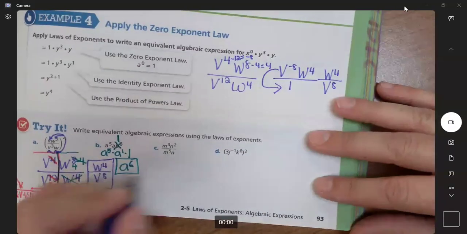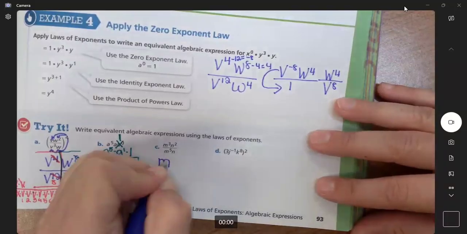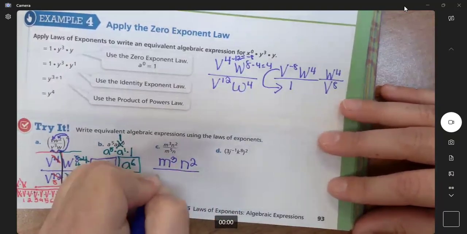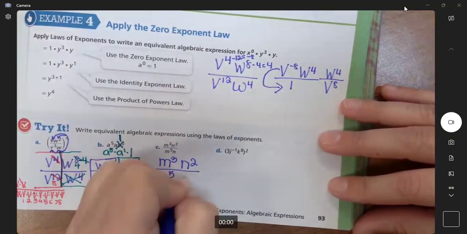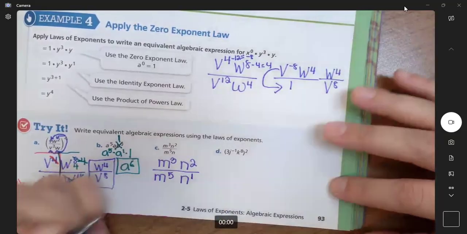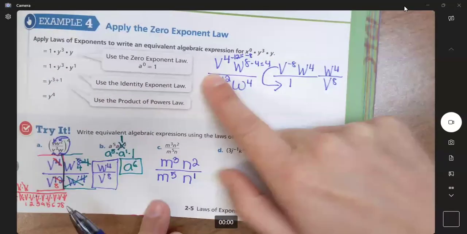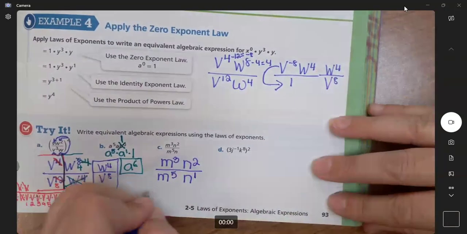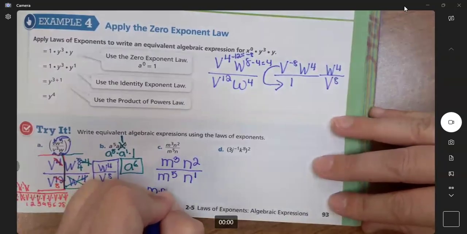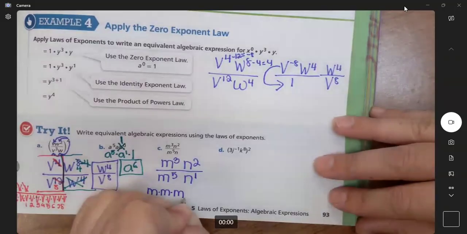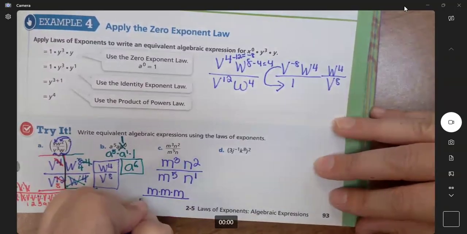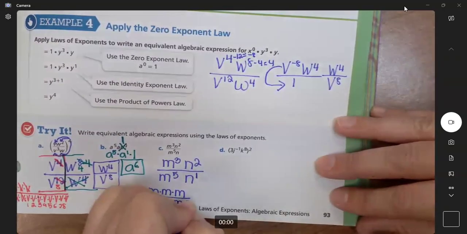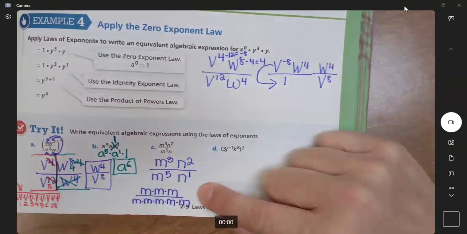We have M3. I'm going to rewrite it. I don't like working in their tiny little space. N2 over M5. And then just N. We know N is to the 1st power. So again, if you want to work this way, you absolutely can. I prefer to just draw it out. M times M times M over 1, 2, 3, 4, 5. So I know I have 3 in the top and 5 in the bottom.